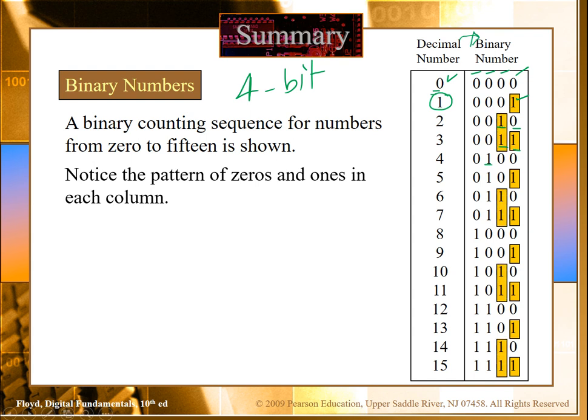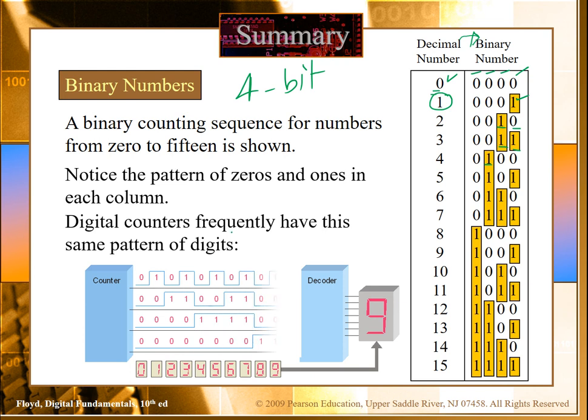And for practical applications, for example in a counting system, for a counter, for example for the 7-segment display, if you want to display 0, you will send this command to the microprocessor: 0000. If you send this command, the decoder for the 7-segment display will show 0.